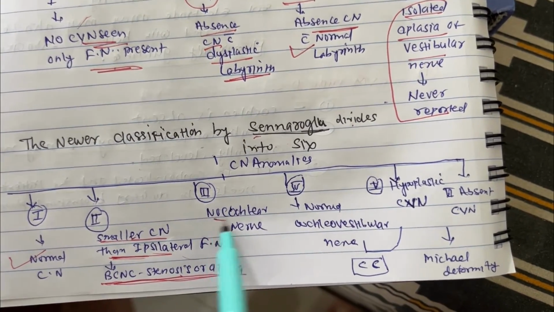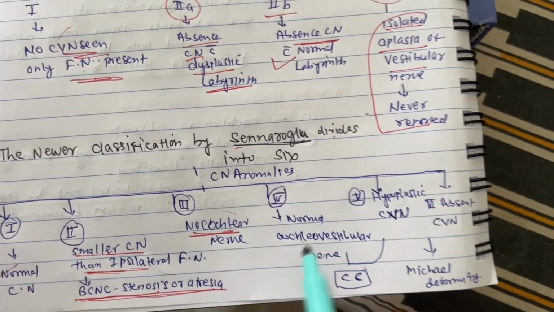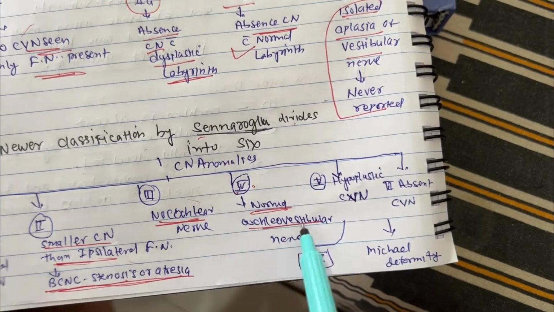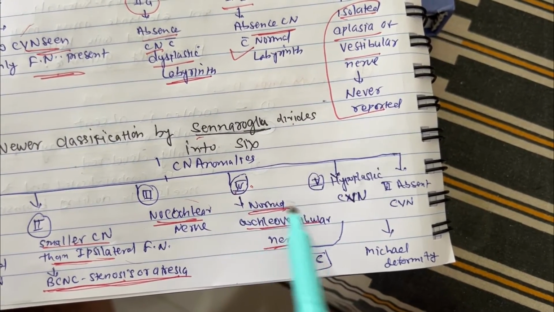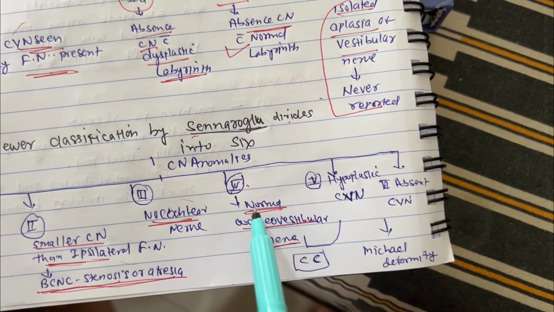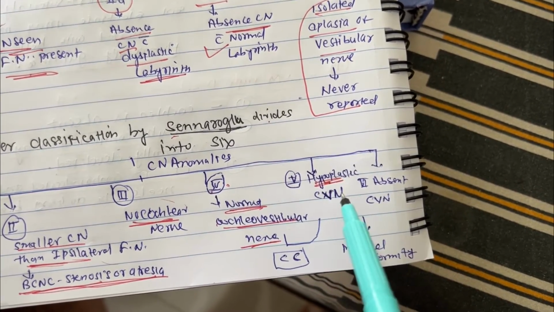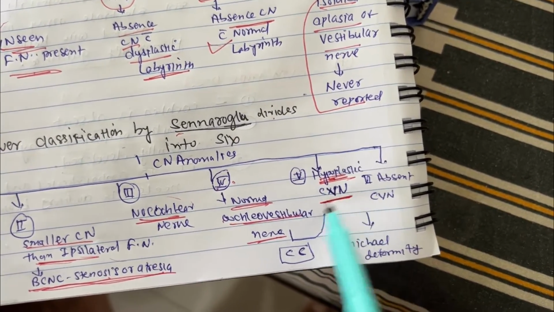Type 3 is where there is no cochlear nerve. Type 4 is in which a single bundle of cochleovestibular nerve is there. There is no differentiation between cochlear and vestibular nerve. There is a single nerve. And type 5 is hypoplastic cochleovestibular nerve.